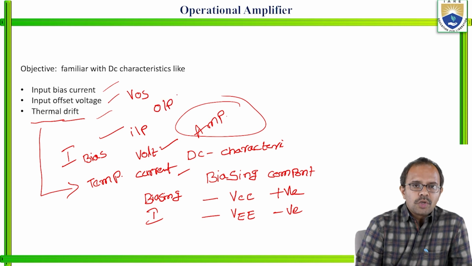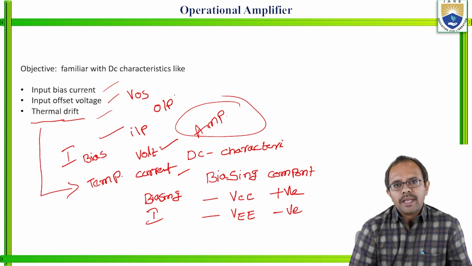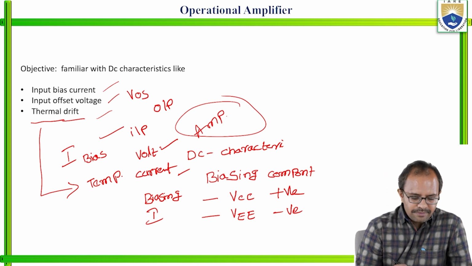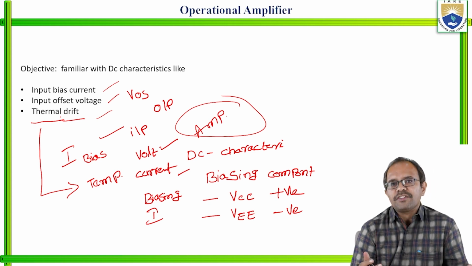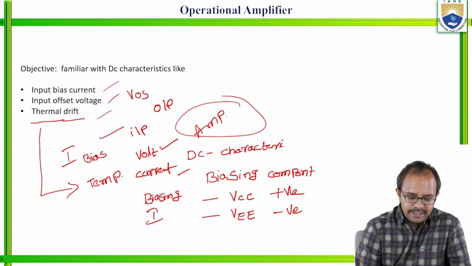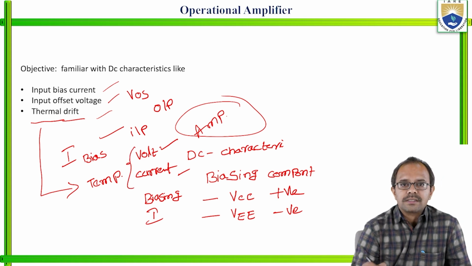That means you will have input voltage, input current, and you will have output voltage as well as output current. Because of the change in temperature within the IC, is there any drift? Is there any drift in terms of the voltage and currents associated with the operational amplifier? That is nothing but the thermal drift, right?